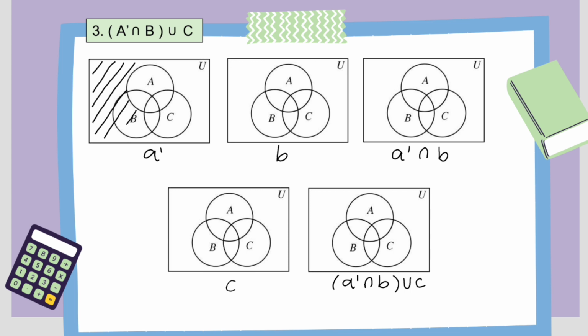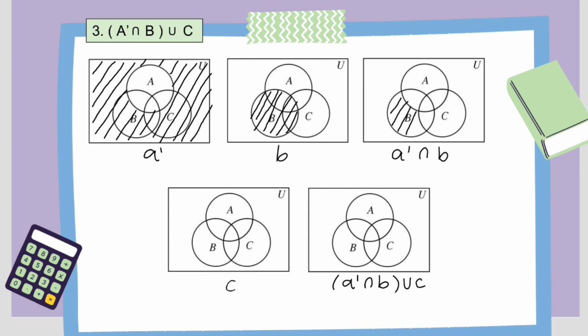For A prime, we will shade every other part except set A. And then next is B. We will simply shade the whole set B. And then in the next box is A prime intersects with B. So we will locate between the two boxes the same shaded parts.